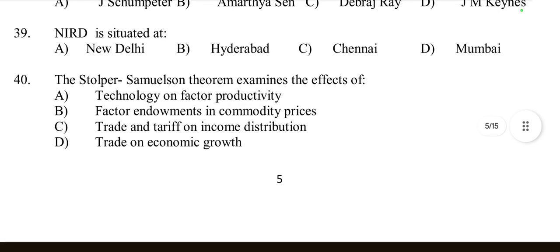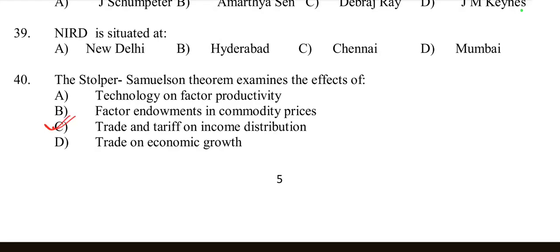Then question number 40, today's last question, the Stolper-Samuelson theorem examines the effect of technology on factor productivity, factor endowments in commodity price, or trade and tariff on income distribution. Yes, the Stolper-Samuelson theorem examines the effect of trade and tariff on income distribution.